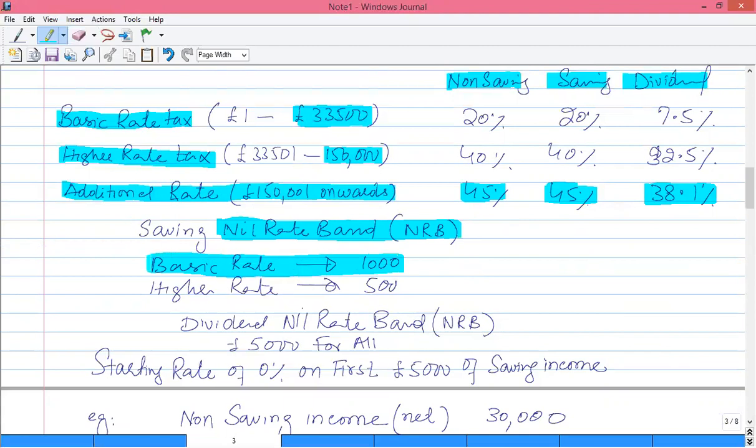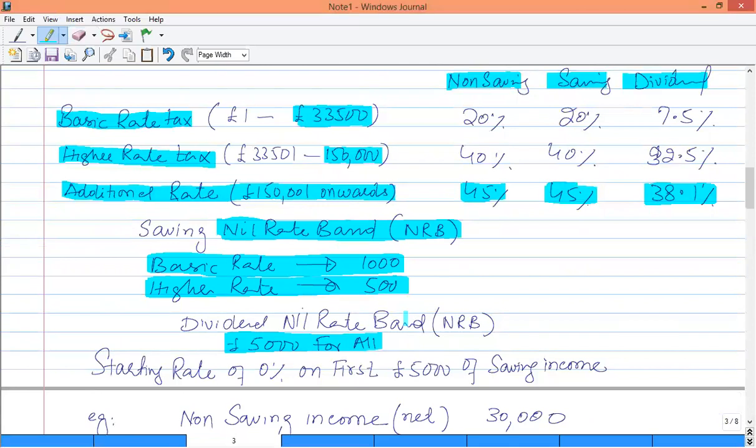And if he is a higher rate payer, then the nil rate band available is only for the first 500 of saving income. As far as dividend is concerned, if a person is earning dividend, the first 5,000 of dividend is always taxed at 0%.